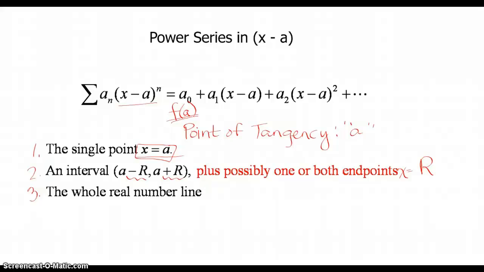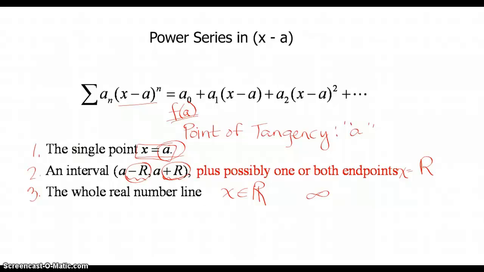Or we can still get x values, even though we're not centered at 0 anymore, we're centered at A, we can still have convergence for any x value that we want. And there, the radius of convergence would again look like infinity. So the only difference here, really, is that our point of tangency is now A instead of 0, and that the distance from the center along our interval is a distance from A, not a distance from 0.